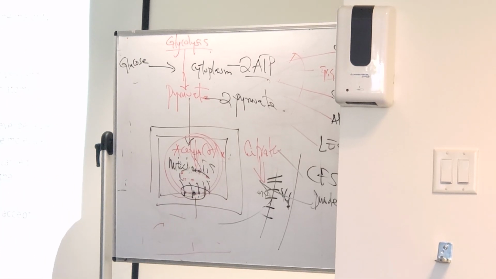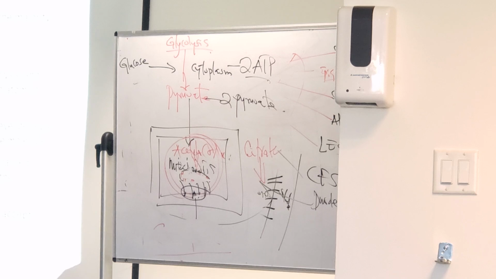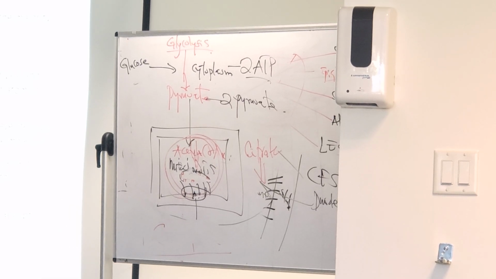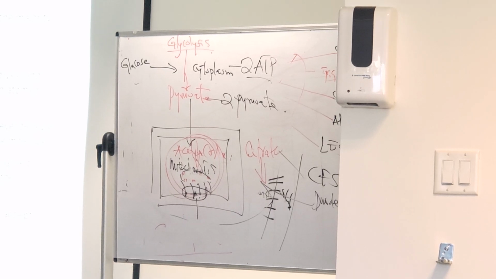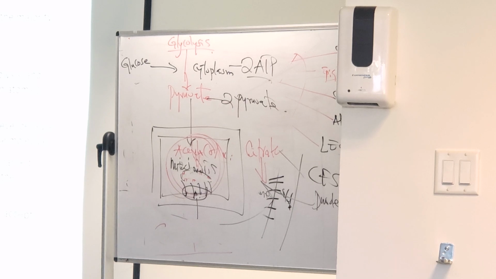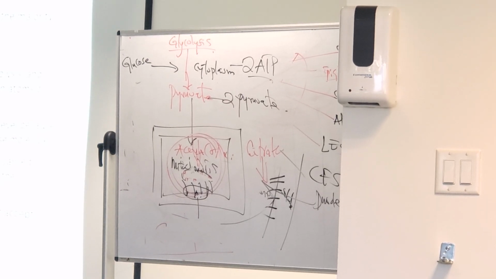What happens to a substance when it is in high concentration in a particular compartment compared to the other? It's going to diffuse back. So this hydrogen that is now high in the inner mitochondrial membrane will tend to do what? Diffuse back.